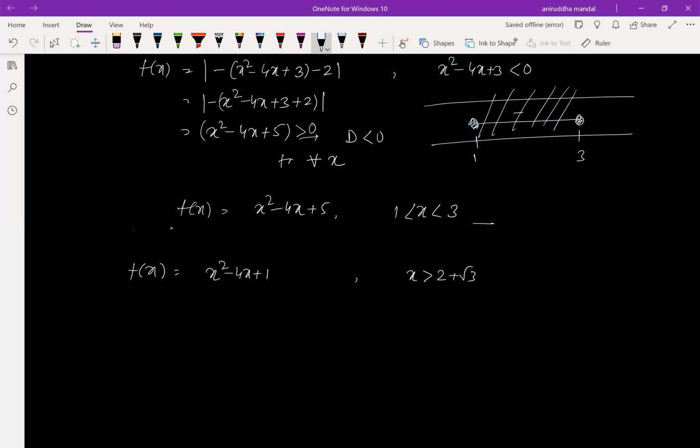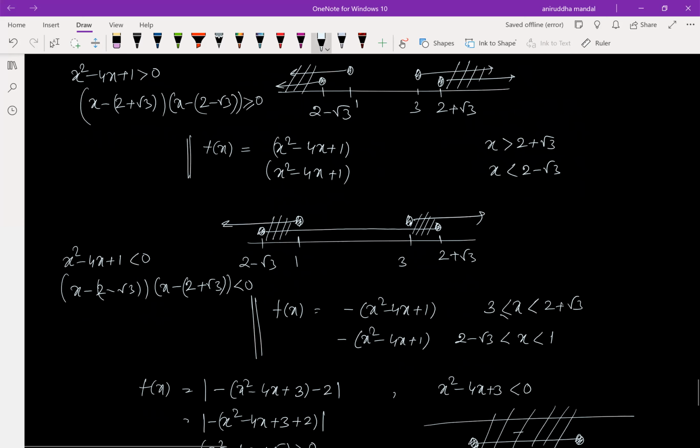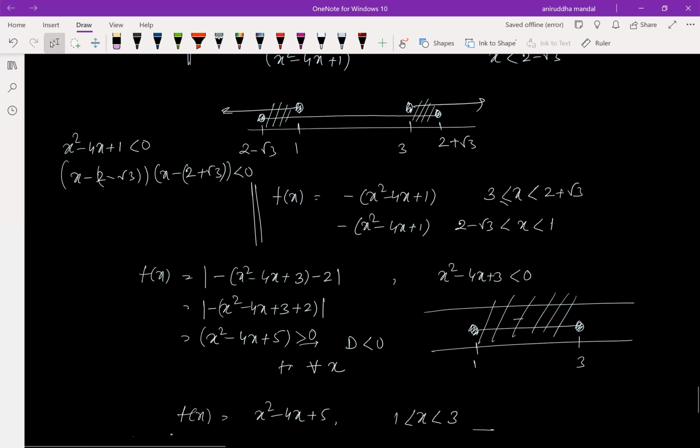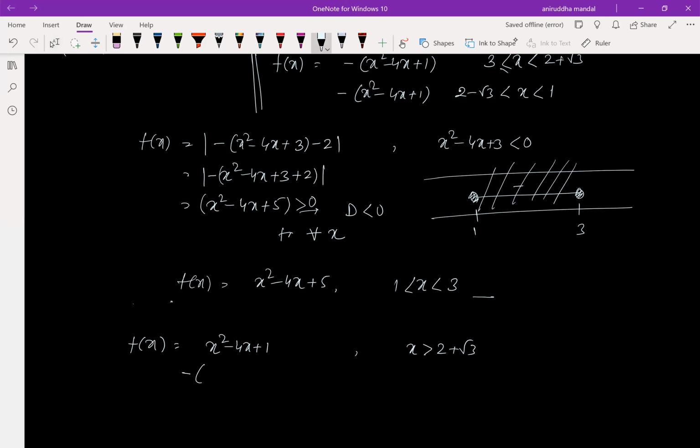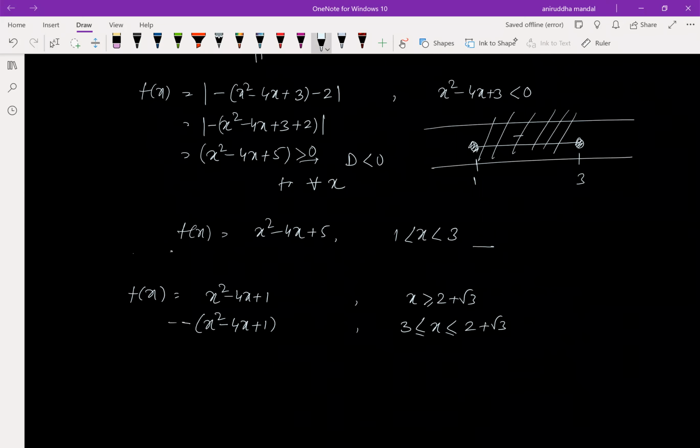Then in between 3 and 2 plus root 3, this is negative, so x square minus 4x plus 1, when x is less than 2 plus root 3 and greater than 3. Okay, so let's write this. So then in between 1 and 3.